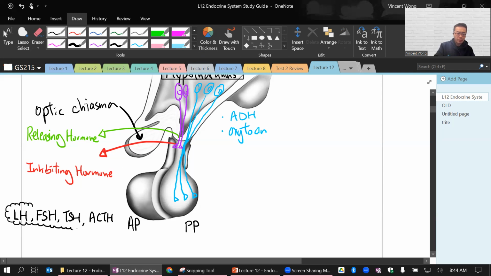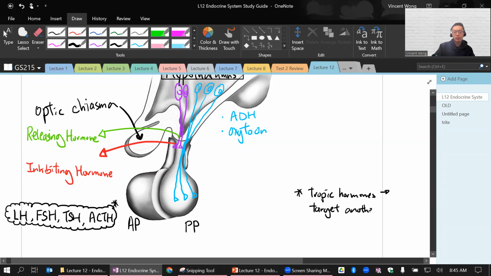Okay, so these hormones, I am going to put a cloud bubble around them. Okay, and I'm going to put a star. So these hormones, we call them tropic hormones. Why? Because they target another endocrine gland.